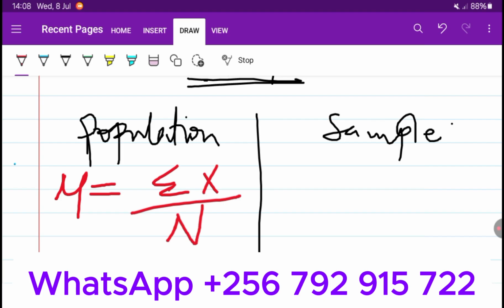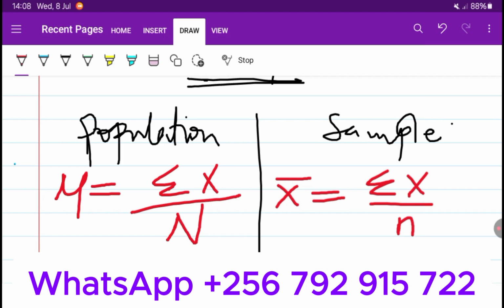But if they give you the question and it is a sample, for the sample we use the x bar, and this x bar is going to be the summation x divided by n, n is small n. The formulas are the same, the only difference is that here we are dealing with a sample and here we are dealing with a population.